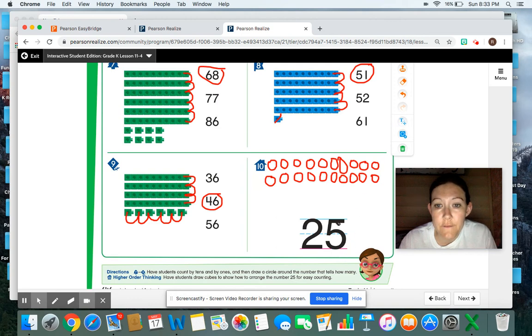I need to draw 5 more. 1, 2, 3, 4, 5. Drawing my counters this way just makes them easier to count because I have them in groups of 10s, and then the rest are a group of 1s. 10, 20, 21, 22, 23, 24, 25.